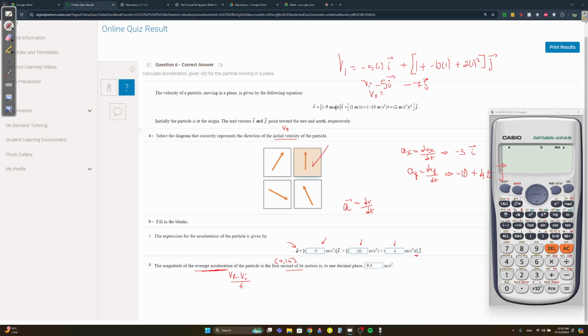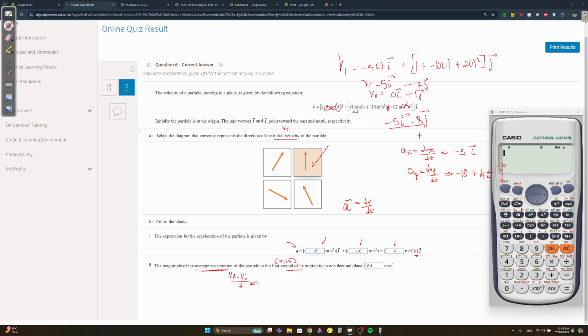If you substitute t equals 0 here, you're gonna get 0i, and here this cancels, you're gonna get 1, plus 1j. Subtract: v1 minus v0, minus 5 minus 0 is minus 5i, minus 7 minus 1 is minus 8j, divided by the time.